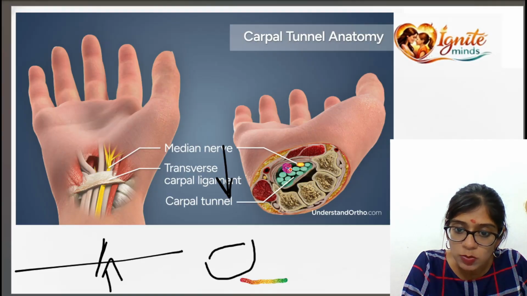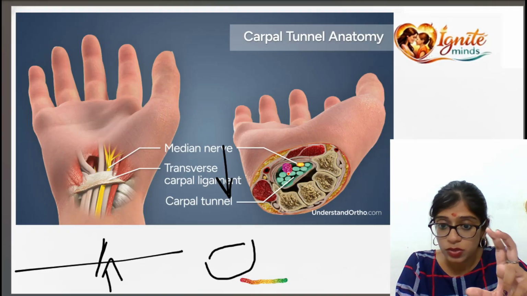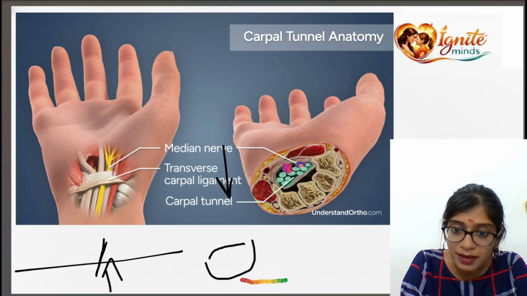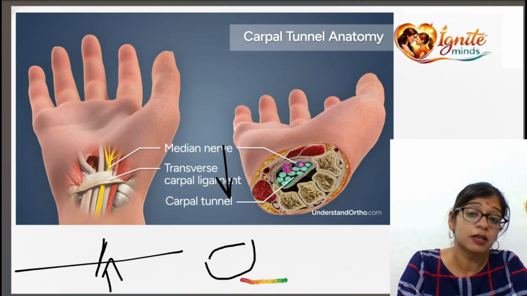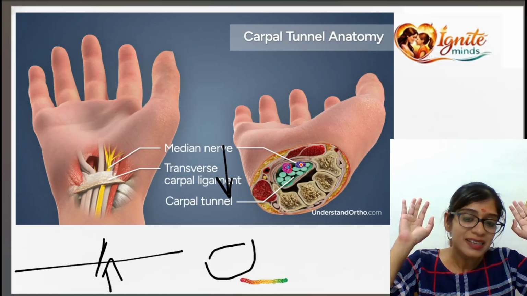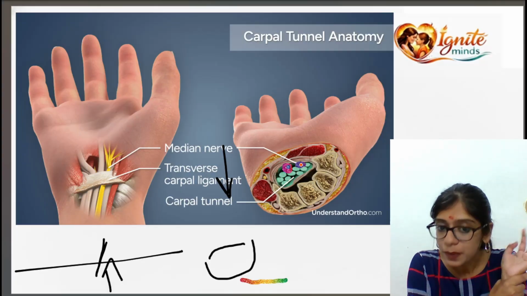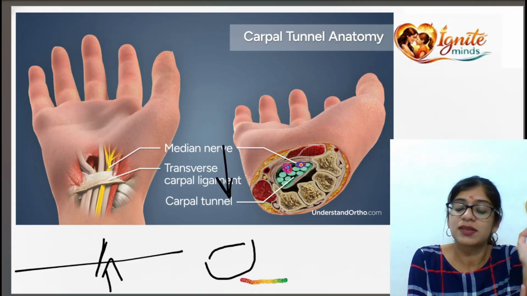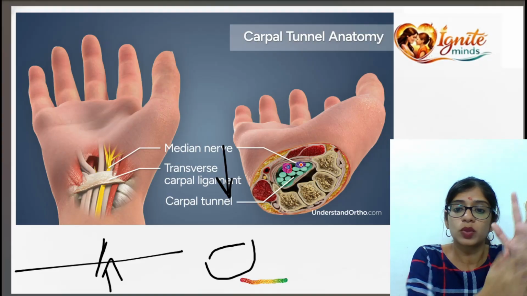The small round structures you see are the tendons. And this yellow color here, that is a nerve. Which nerve? Median nerve. So this point is what you should learn from this class. In the carpal tunnel, which nerve is running? It is the median nerve that is running from the forearm into the palm.